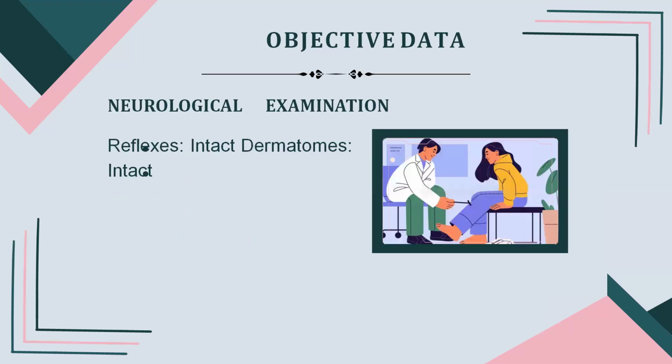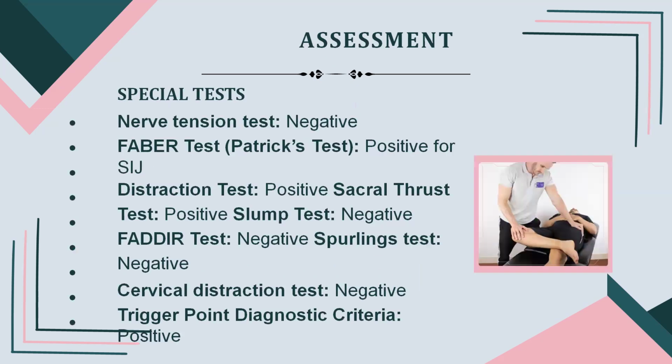In neurological examination, reflexes and dermatomes were intact. Special tests revealed positive Faber, distraction, and sacral thrust test confirming SI joint dysfunction, while negative nerve tension and cervical test ruling out radiculopathy and nerve entrapment.